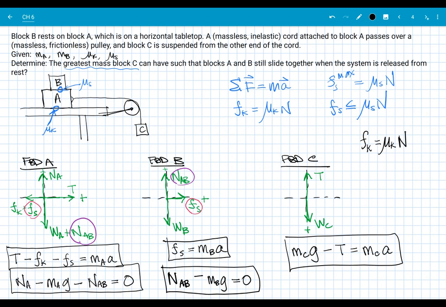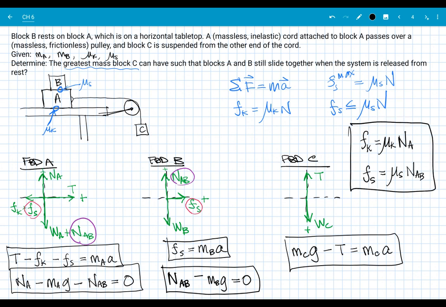So the normal force for that interface is N sub A. The static frictional force is equal to the static frictional coefficient, which is given, multiplied by the normal force that acts. Now, this is a different interface, right? We're talking about static friction at the interface between the blocks. So now we're looking at the normal force that occurs at the interface between the blocks. That is N sub AB.